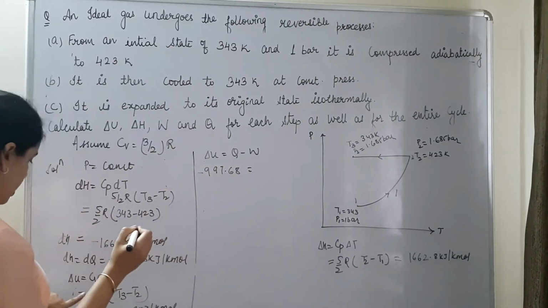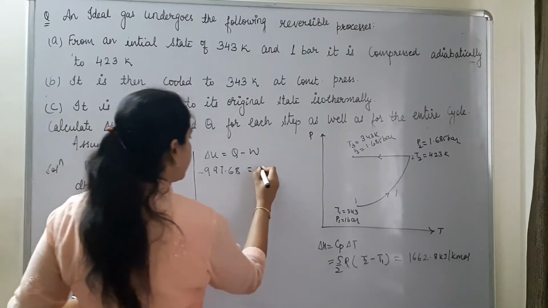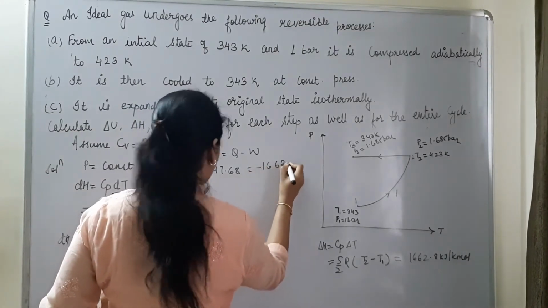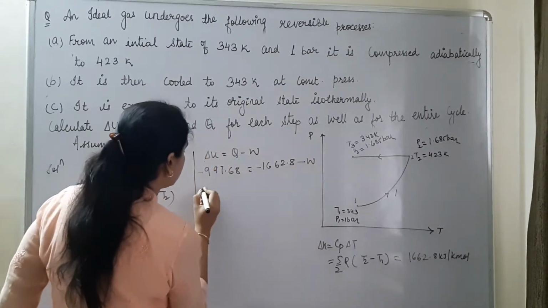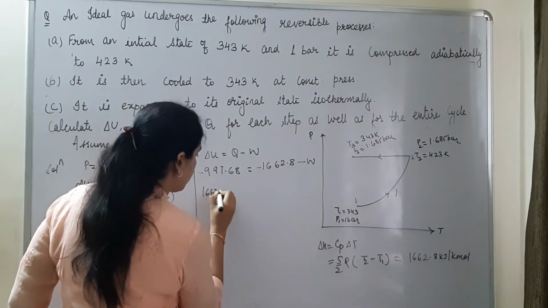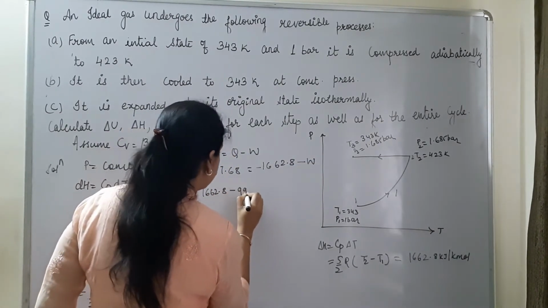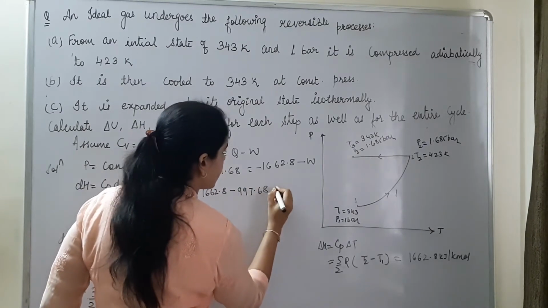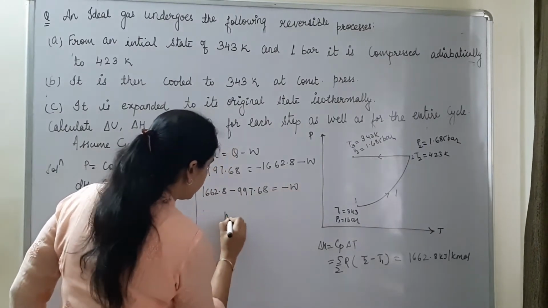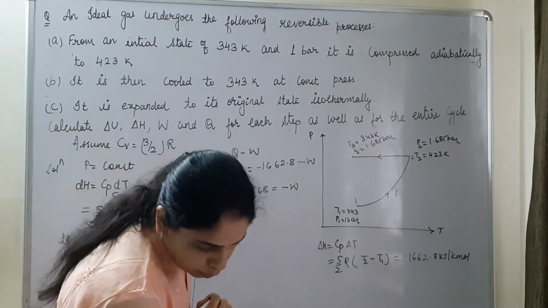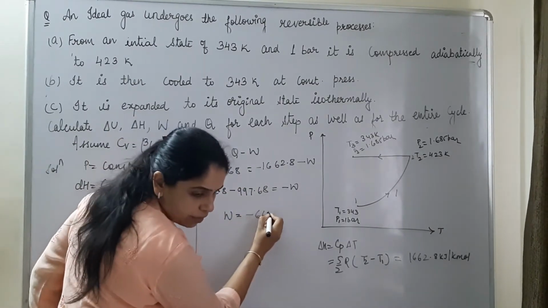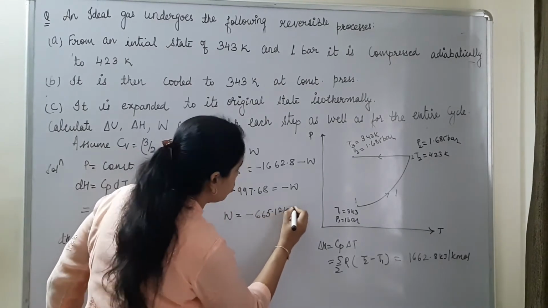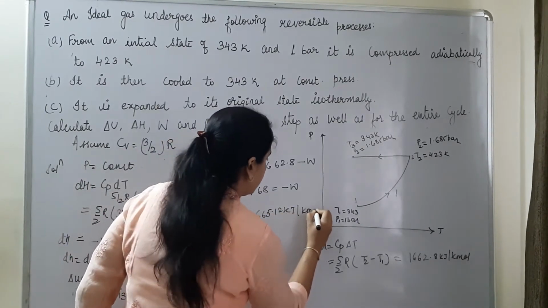Delta Q is minus 1662.8, minus W. So 1662.8 minus 997.68, and the value of W is minus 665.12 kilojoule per kilomole.